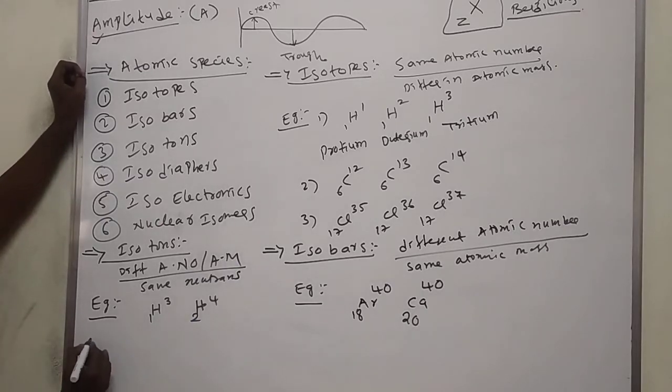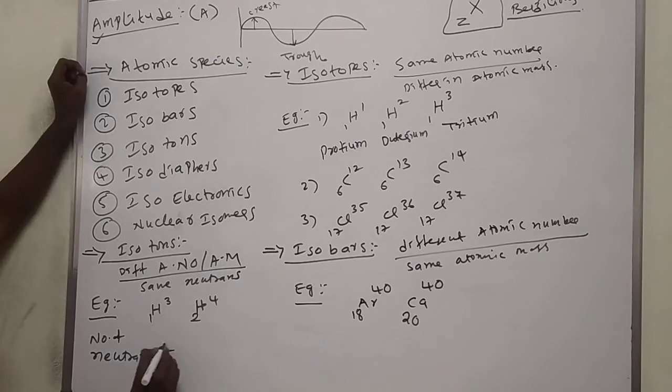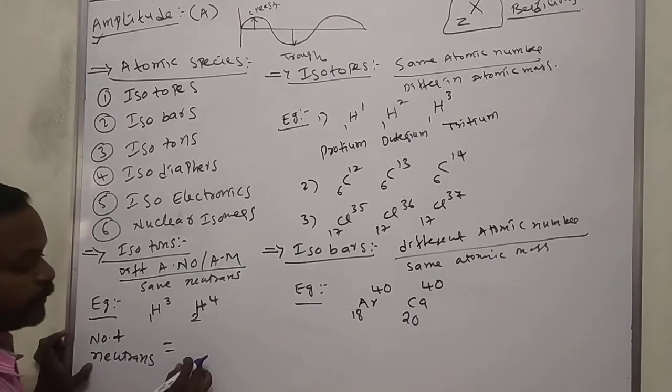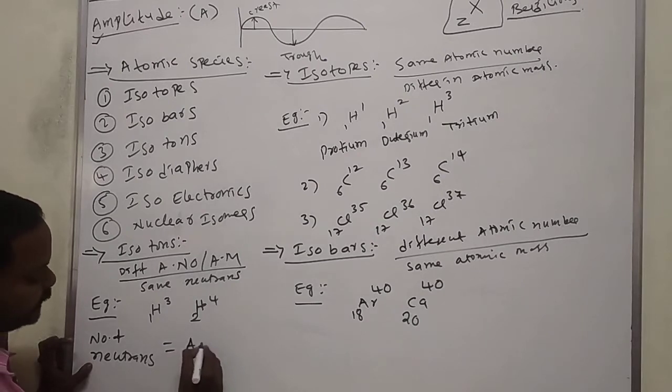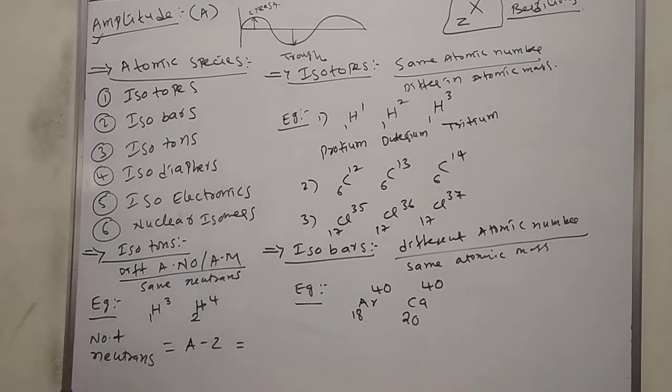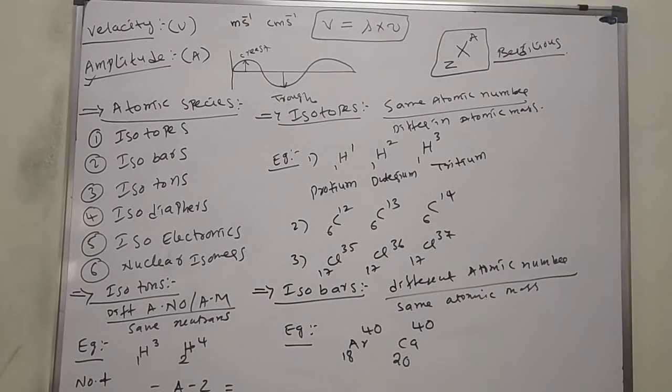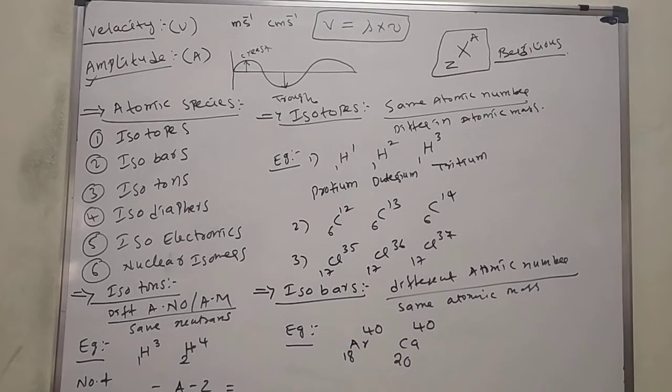How do we calculate the number of neutrons? Number of neutrons is equal to A minus Z. What is A?